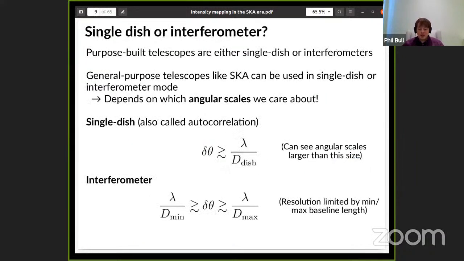So a big question, especially for 21 centimeter radio cosmology, is what kind of telescope should you use to do this?